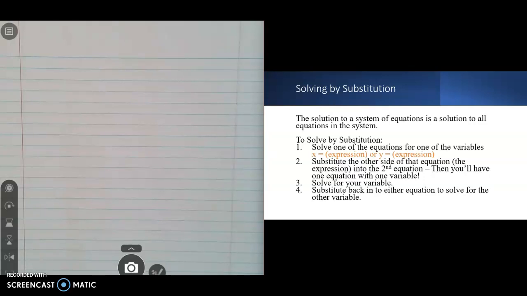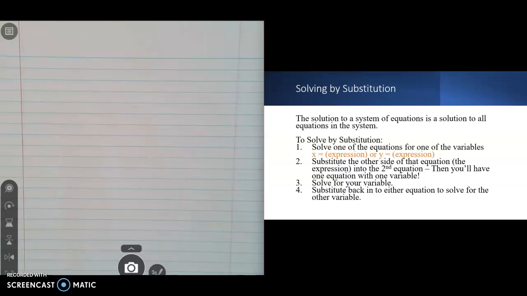Then you substitute the other side of that equation, that expression part, into the second equation. In the second equation, the one you haven't used yet, wherever there's an x, you can put that expression that equals x because they're equal to each other. Or maybe you put an expression in for y.